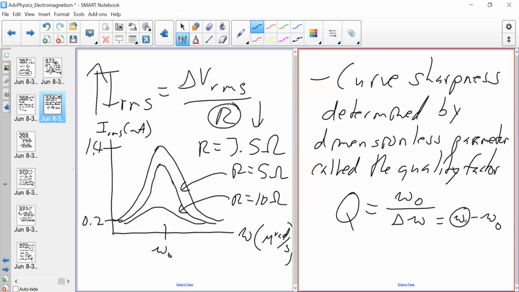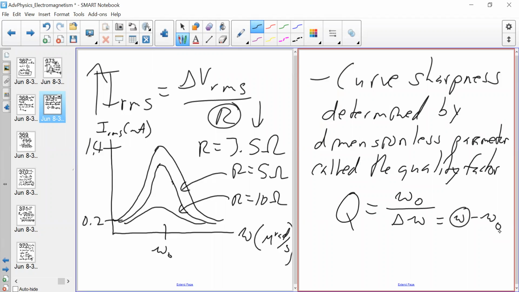Also, at other frequencies nothing's in phase. We can get things to operate at any particular frequency other than resonance. We don't have to be in resonance, but this is very useful and applicable when you're trying to receive a radio signal from a radio station.